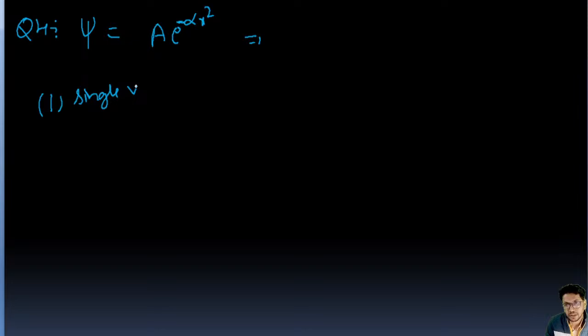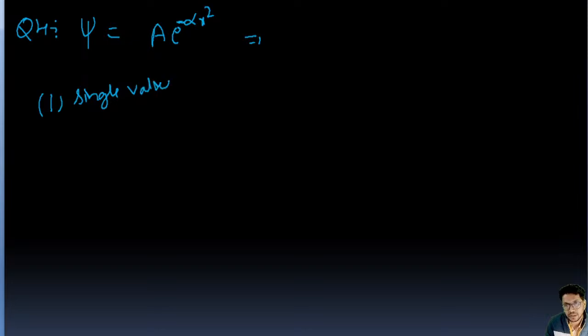Next is question number 4. This is psi equal to a e to the power minus x minus alpha x square. Alpha is a constant.